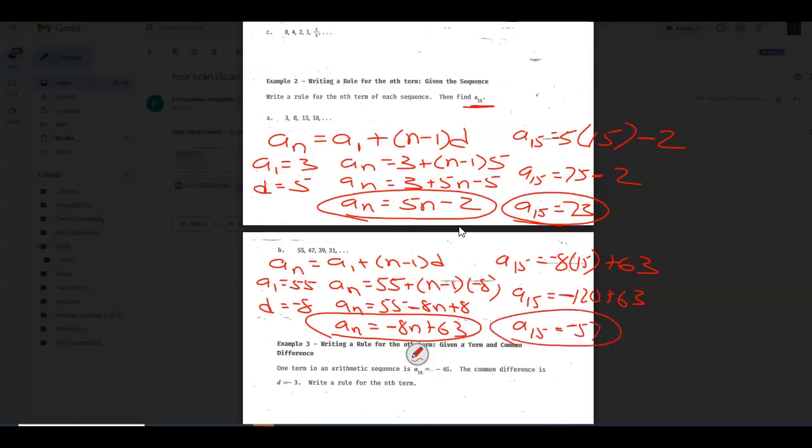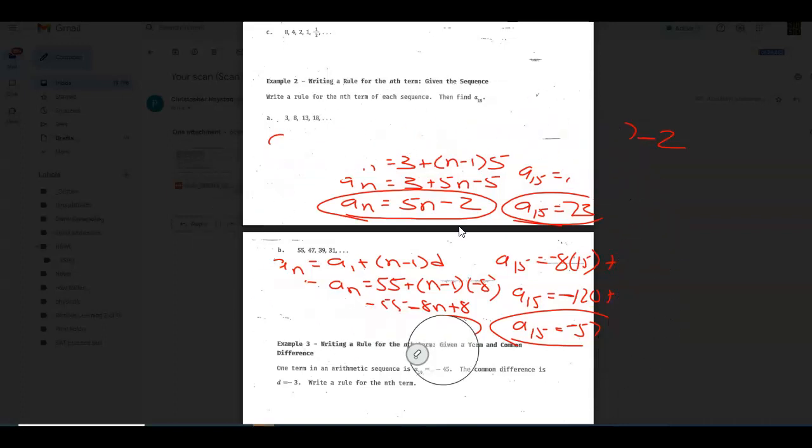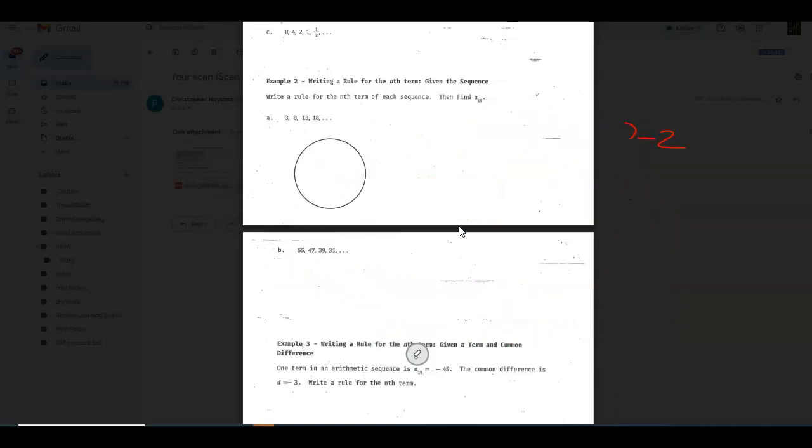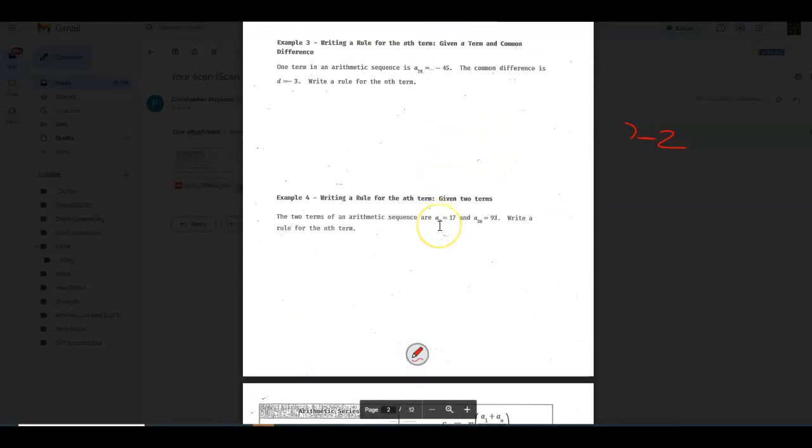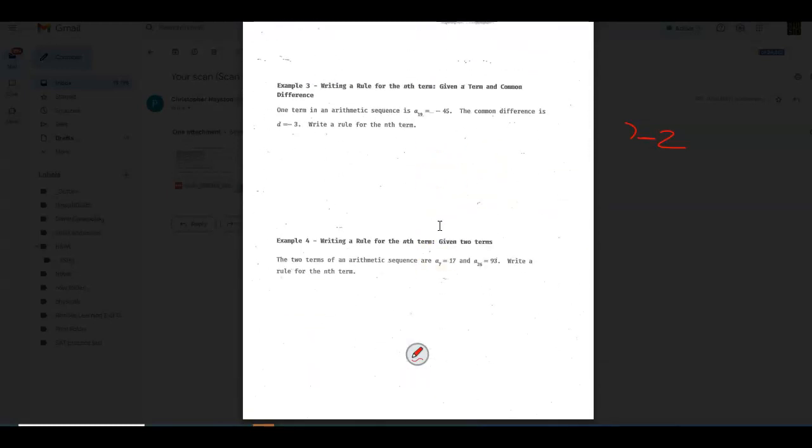And that's my answer. As I said before, the entire answer key is in the Google Classroom. So I do have to erase as I go.